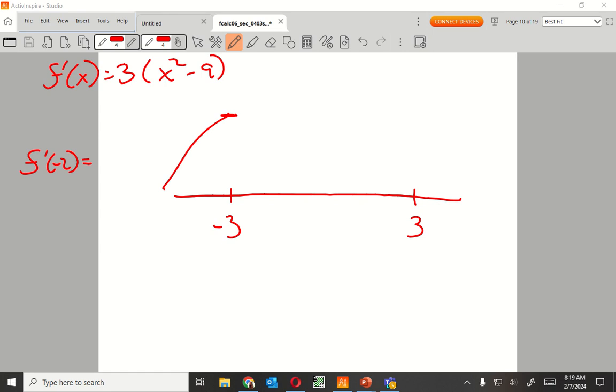Negative 2 squared, 4, 4 minus 9, negative 5. Negative 5 times 3, negative 15. So the slope is negative. That means it's changing, and it's going negative here, right? So it's going down to something over here.